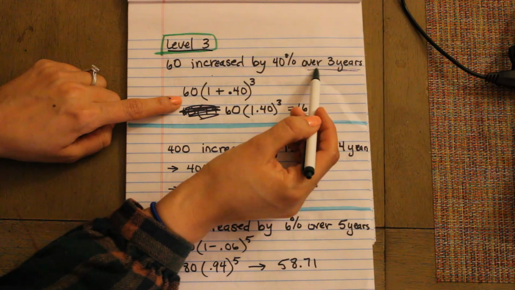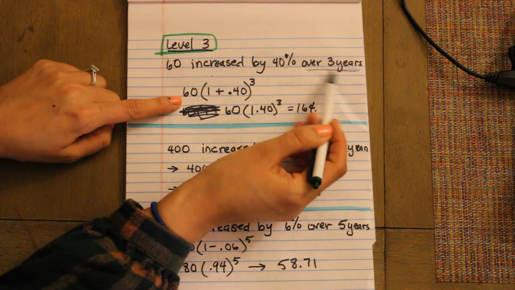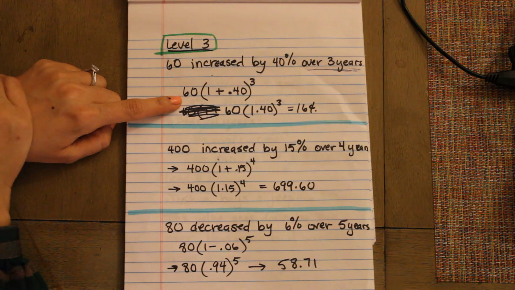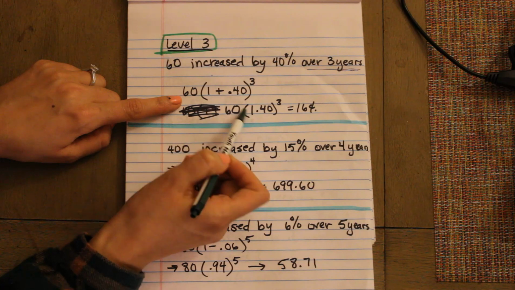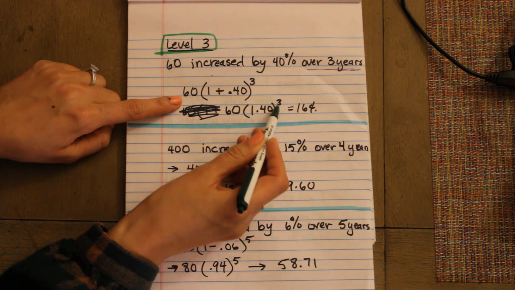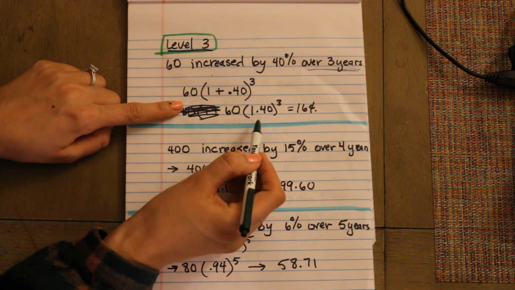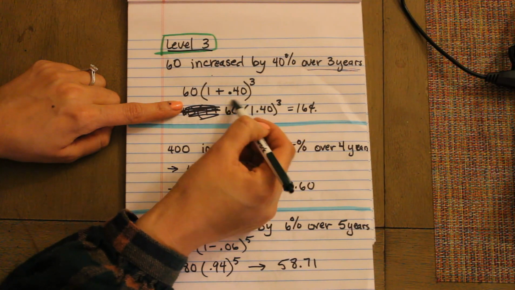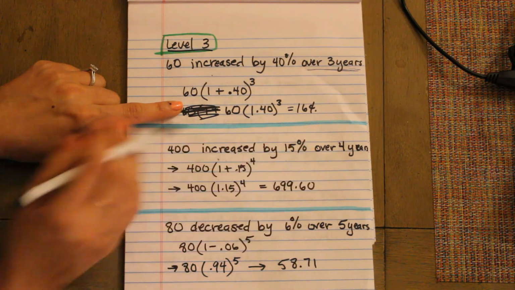And the time that we're doing this over is 3 years, and we're going to put that in our exponent. So this becomes 60 times 1.40 to the 3rd power. It's a growth, so it should be over 1. And then this, put in your calculator, is going to be 164.